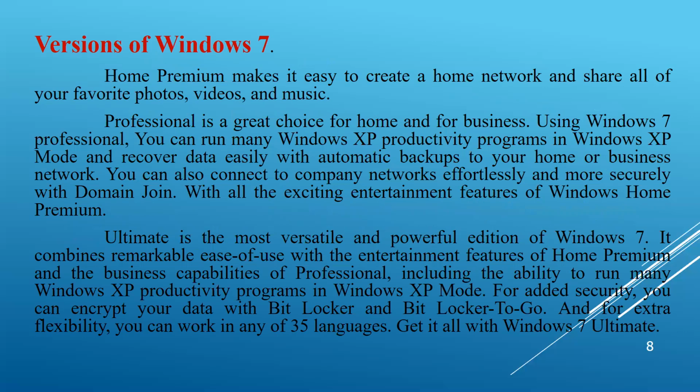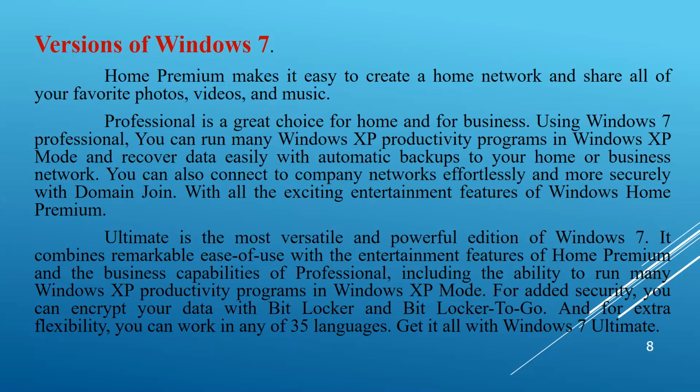Versions of Windows 7. Home Premium makes it easy to create a home network and share all of your favorite photos, videos, and music. Professional is a great choice for home and for business.